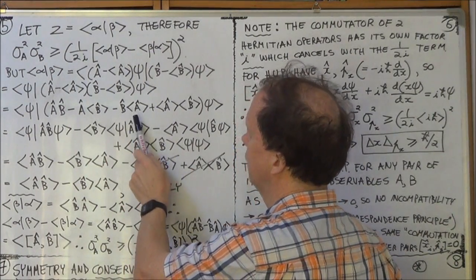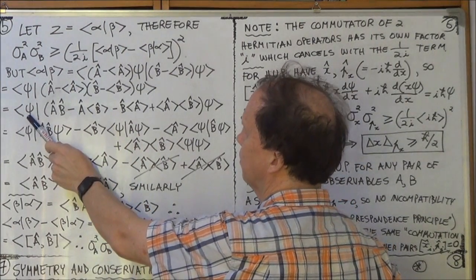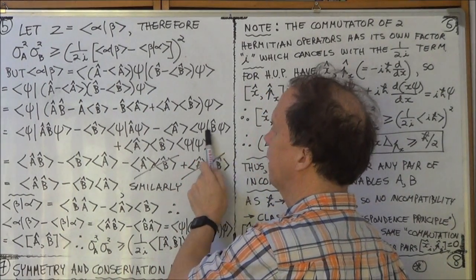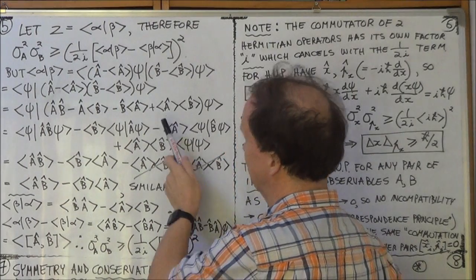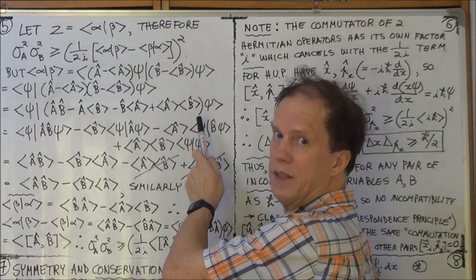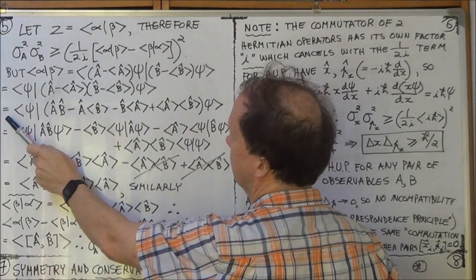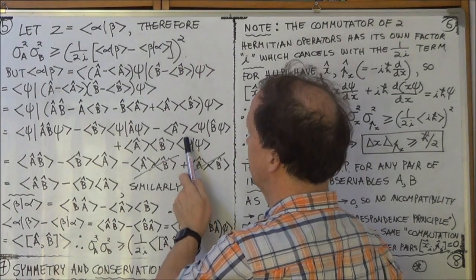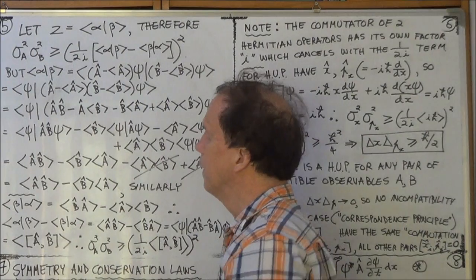Similar story for here. A hat is just a number, so it comes outside. So you get bra psi B hat psi. And for this one, these are both just numbers. They're just average values. So both of those come outside the bra here, and you'll be left with bracket of psi psi.